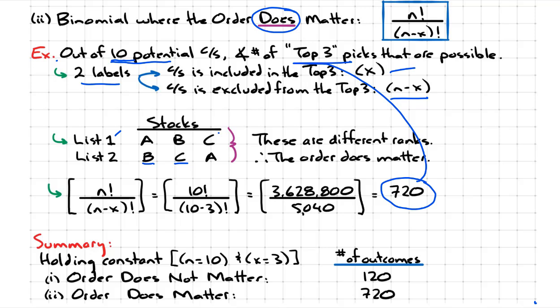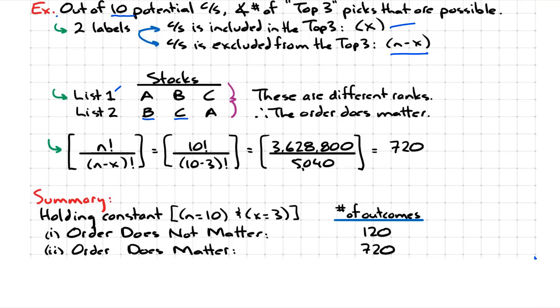So now let's summarize the data. And again, you'll notice that in my examples, I kept the objects the same at 10, and the X was 3. So in the first scenario, we're looking at a 3-stock portfolio, and in the second scenario, we're looking at top 3 ratings.